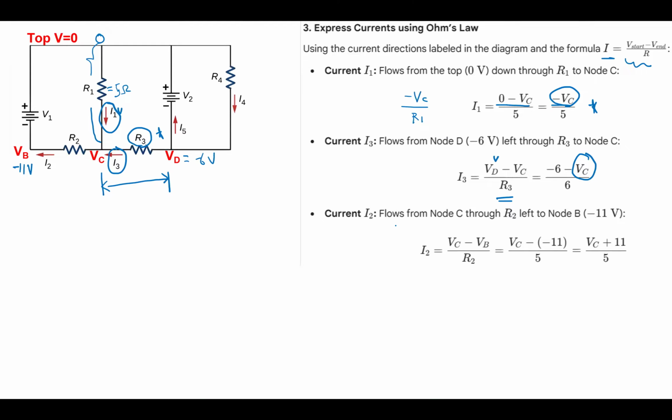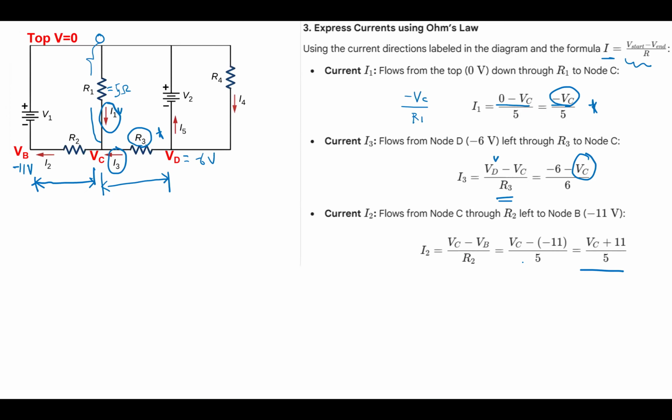And now it's time to think about I2. I2 is given by, from here to here, VC minus VB over R2 here.